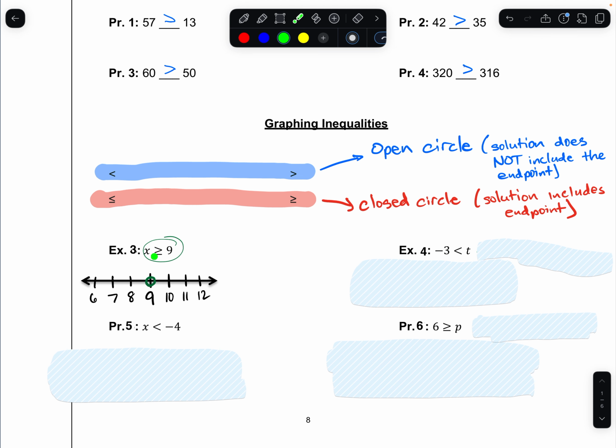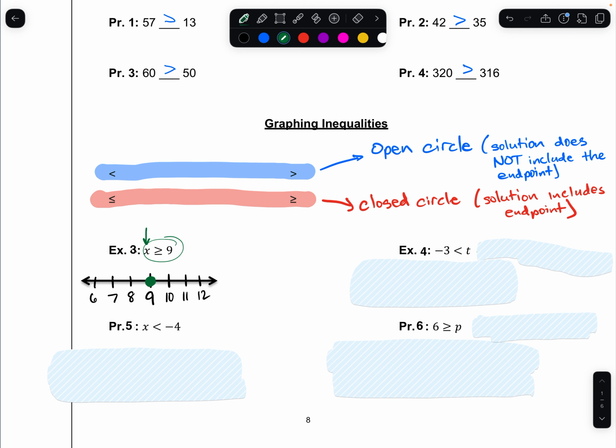We leave it open. In this case, we have an or equal to line. So it's like this, where we close the circle to show that we're including the endpoint. 9 is a solution, because if I replace X with 9, we get a true statement. 9 is greater than or equal to 9, because 9 is equal to 9.